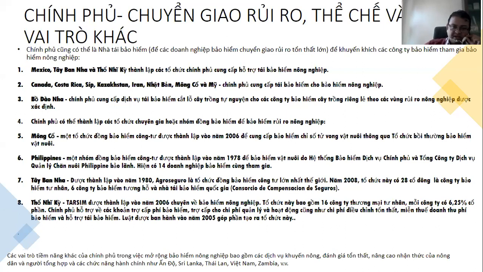This has also happened in Philippines with a public-private co-insurance pool established as far back as 1978 for livestock insurance. And it has quite a few, about 14 participating co-insurers. In Spain as well, there's an insurance pool over 40 years old now, the Agroseguro, which might be the world's largest public-private co-insurance pool.